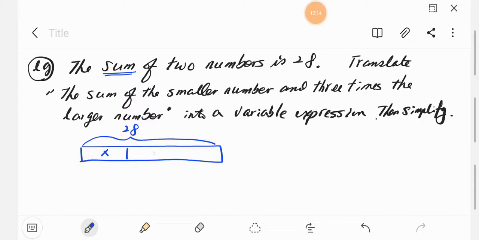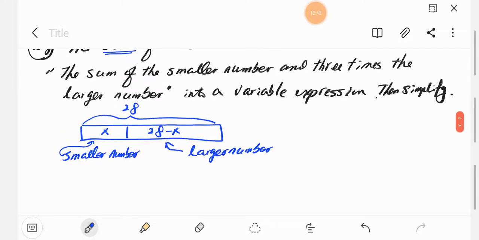Then the larger number is total minus x, right? So this is the smaller number, and this is the larger number. So the larger number is total minus smaller number. Make sense?